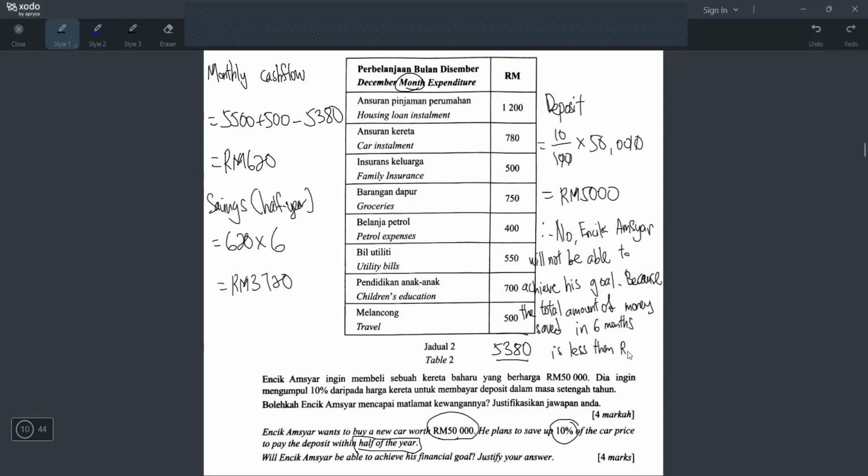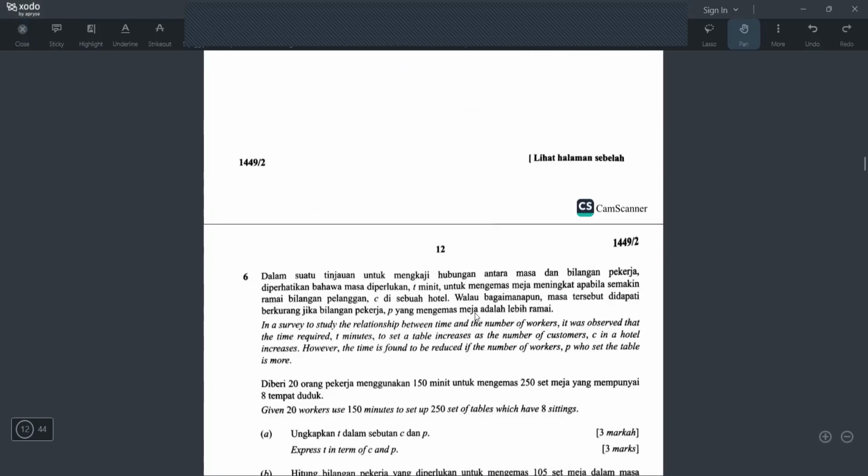It's less than RM 5,000. I think this reason is good enough, right? So let's read again. No, Inche Amsha would not be able to achieve his financial goal because the total amount of money saved in 6 months is less than 5,000. So it's not enough, right? So, yep, this is how I would do it.